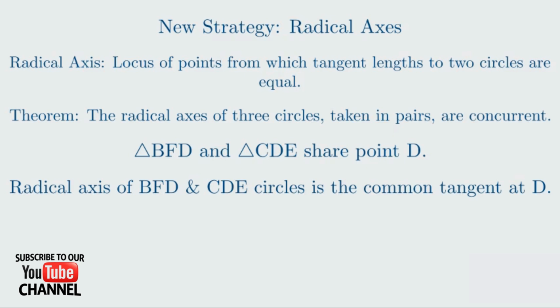This approach is more concrete and visual and allows us to use more familiar geometric properties. Let's summarize. We will focus on 2 circumcircles, the circumcircle of AEF and the circumcircle of CDE. We will find their intersection point and then show that this point must also lie on the 3rd circumcircle, that of BFD.